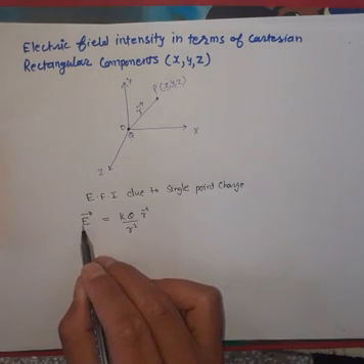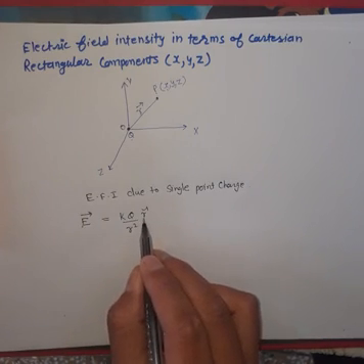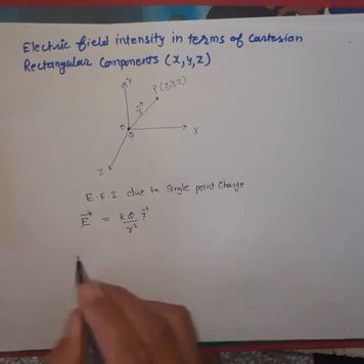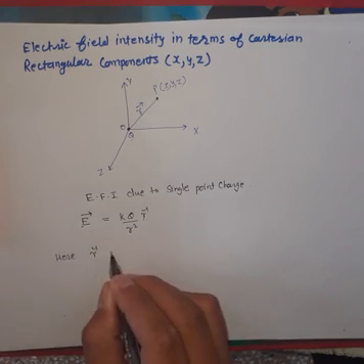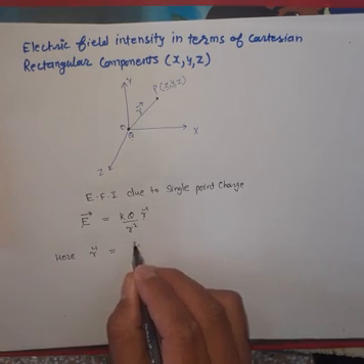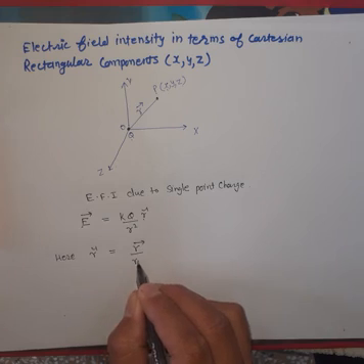Now over here I am going to write this electric field intensity in terms of rectangular coordinates. So how can we write the unit vector? The unit vector is given by the vector upon its magnitude.